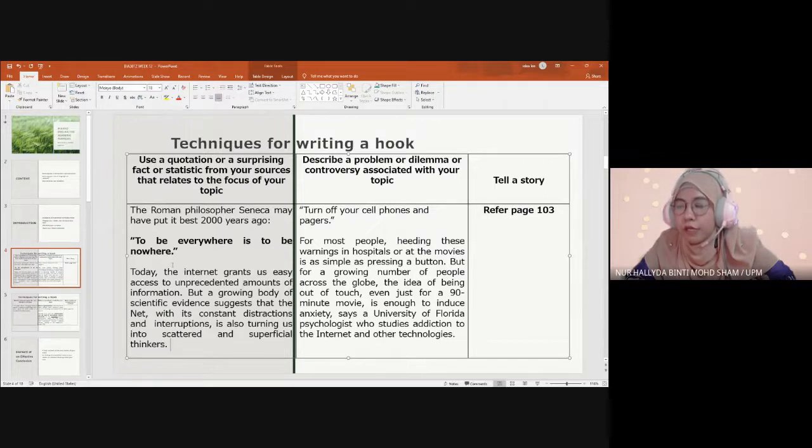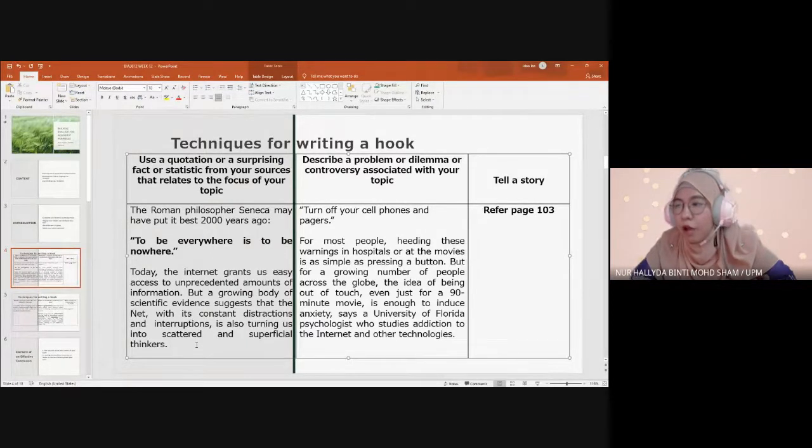So here it means that this quote is trying to say that to be everywhere is to be nowhere, because when you use the internet, you feel like you can go everywhere, but without us realizing, sometimes because of too much internet, we are stuck mentally, meaning we are not really growing mentally because of the distraction, interaction, and then we become even more superficial thinkers. Superficial thinkers means we don't have original thoughts. We cannot think on our own because we rely on the internet.